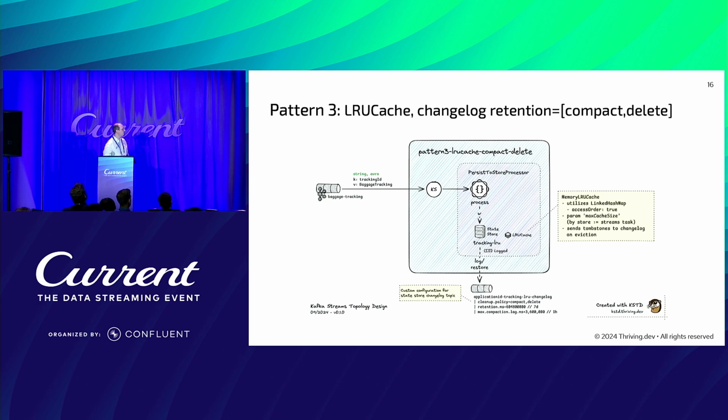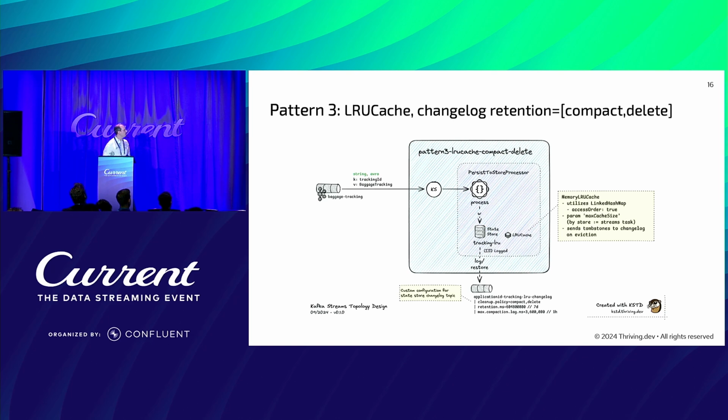And here I did also draw explicitly the changelog topic, which is that backup mechanism you would do a state restore on whenever you move or rebalance or restart your streams application.